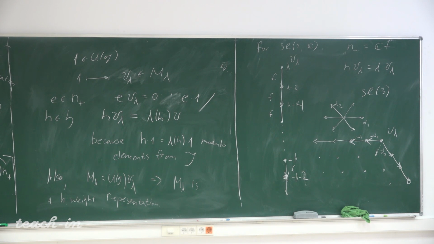Now that's up to you what good basis you would like to fix. That's like the next discussion. But in the SL2 case, your weight is a vector in a one-dimensional space, so it's actually a number.